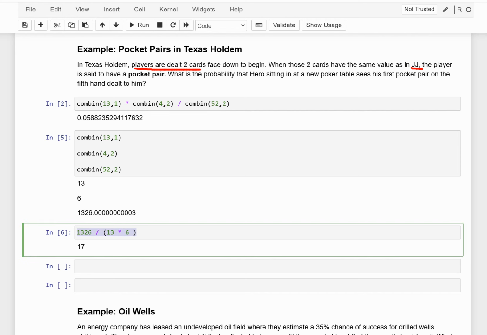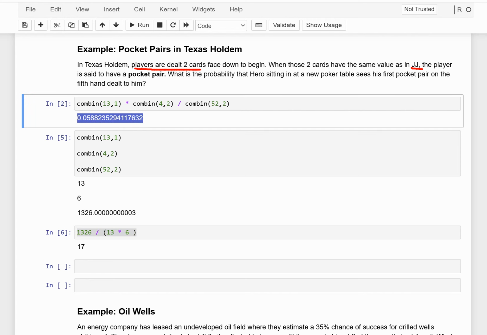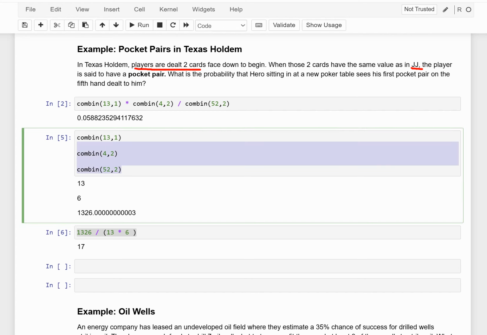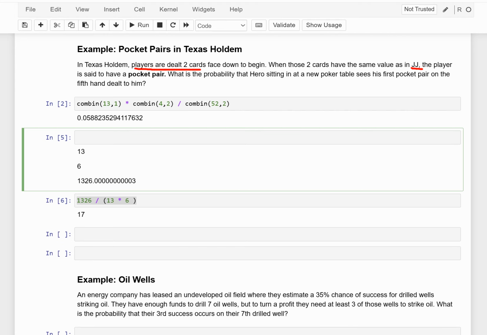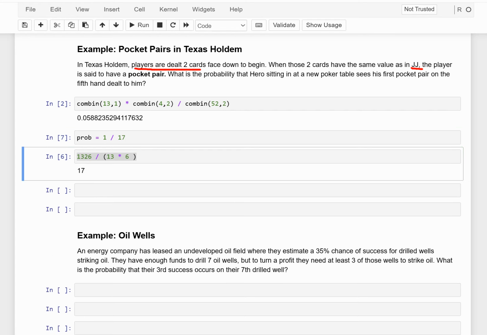This is how I knew that this was 1/17th, because if you write those terms out and you know what they mean in terms of factorials and start canceling the factorials, you get to 1/17th very quickly. All right. So the probability of success, I'll just put it here as 1/17th and leave it at that.